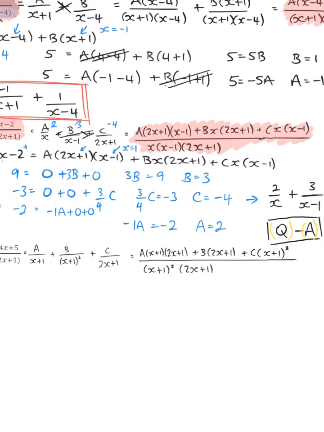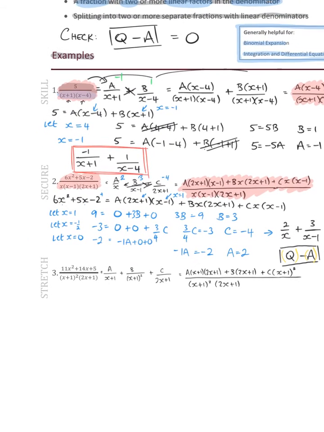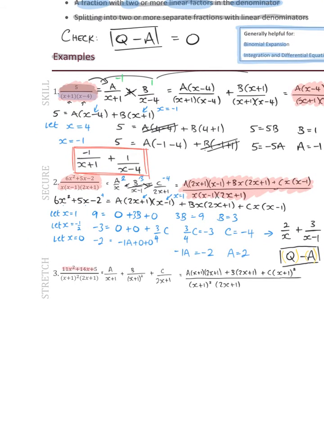And then again, I could simplify, so if I simplified that and that, I would get c over 2x plus 1. Okay, so same as before, this bit is going to be equal to all of this bit up here.